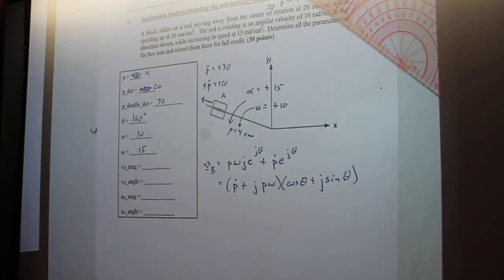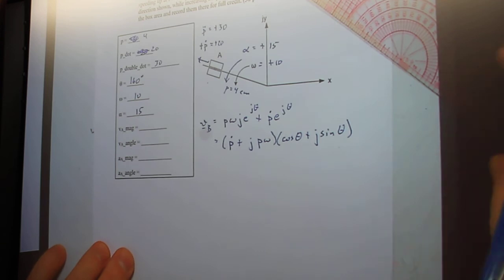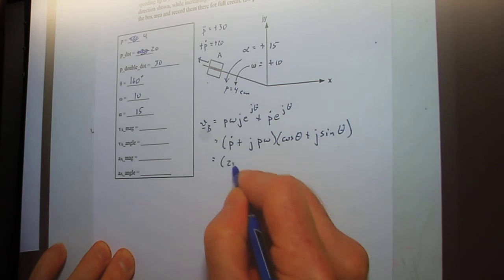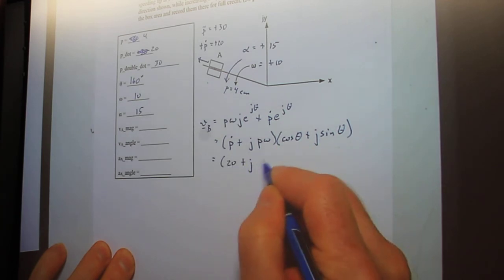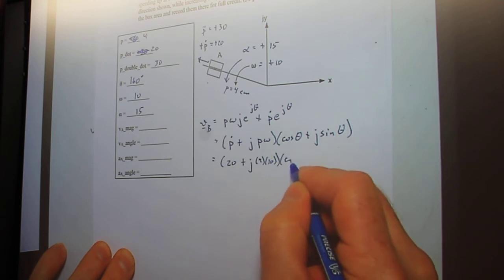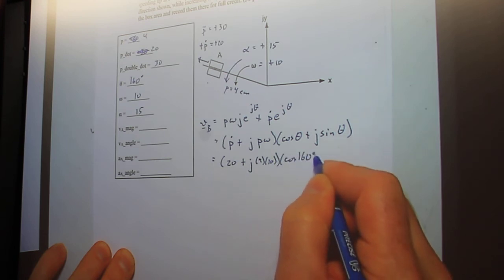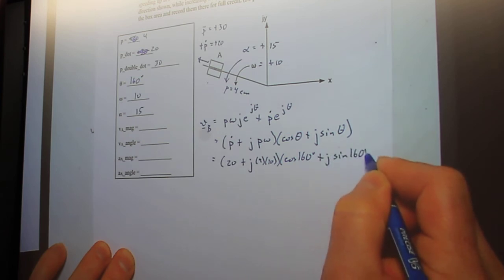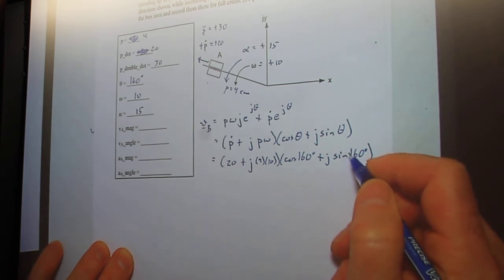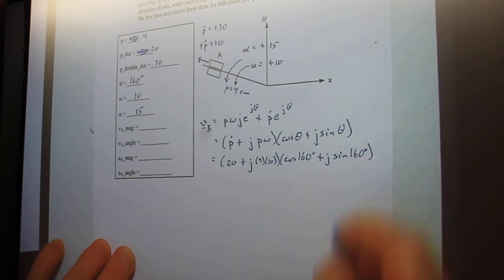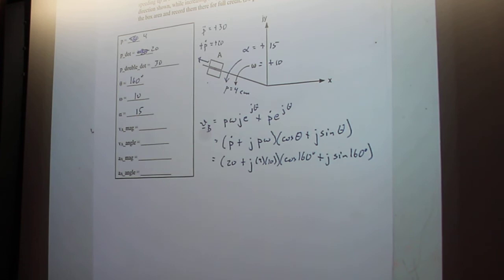Everybody see where I get that? Which equals 20 plus j 4 times omega 10 times cosine 160 plus j sine 160.